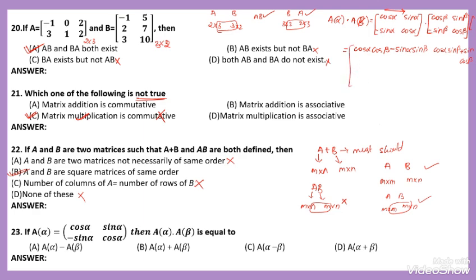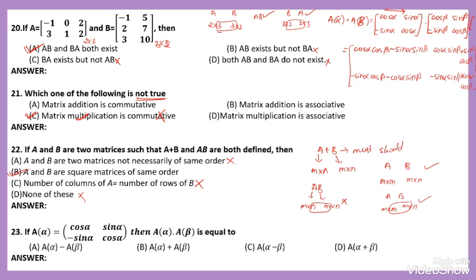Second row with first column: minus sin alpha into cos beta, minus cos alpha sin beta. For the second element, sin into sin: minus sin alpha sin beta, plus cos alpha cos beta.